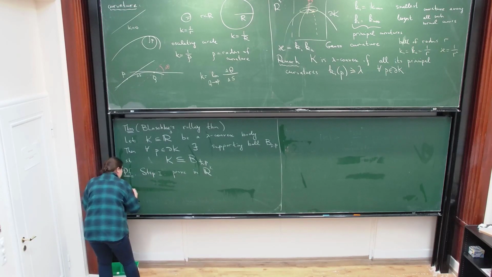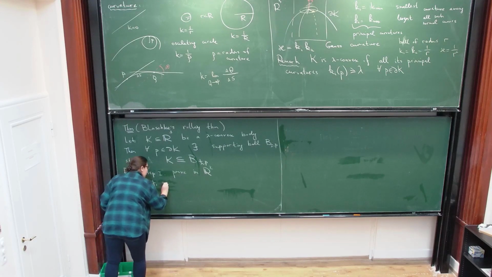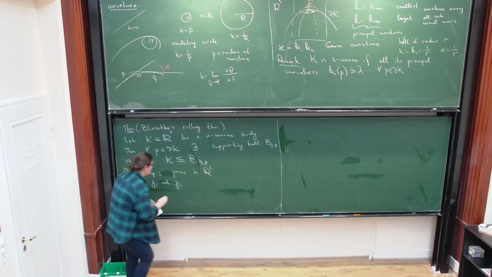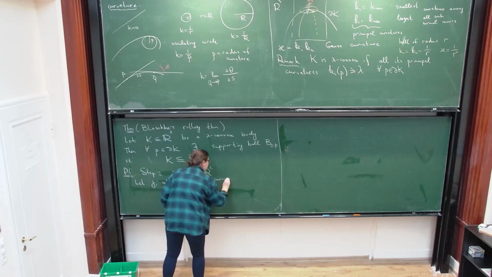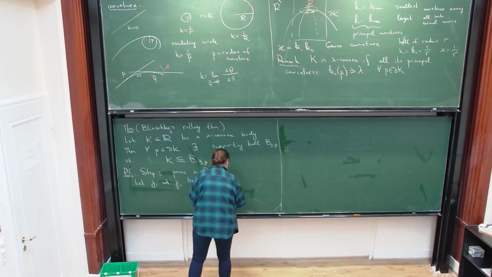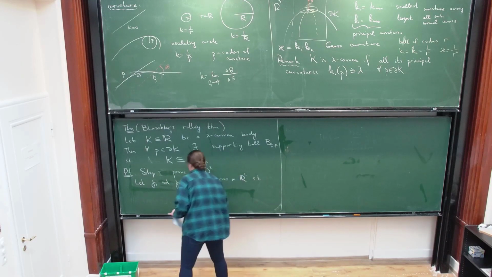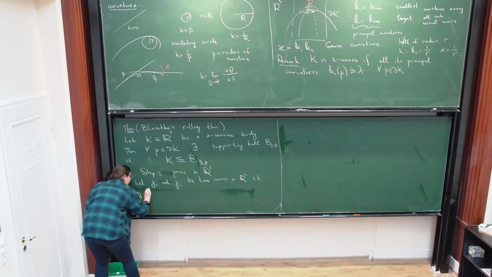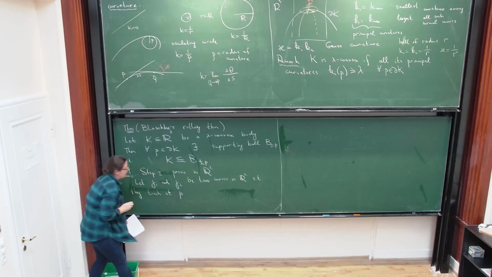I'm going to state it in this way. So let's say that on the plane I have 2 curves, gamma 1 and gamma 2, in R2, such that they touch at some point P.